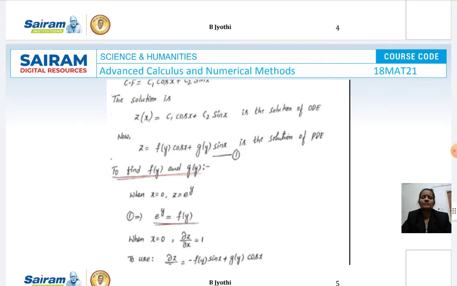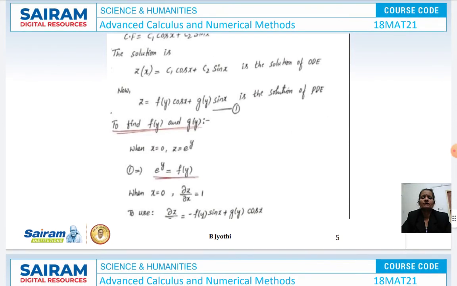So the complementary function will be c1 cos x + c2 sin x. The solution is z(x) = c1 cos x + c2 sin x, the solution of the ordinary differential equation. And c1 and c2 are respectively replaced with f(y) and g(y). That gives us z = f(y) cos x + g(y) sin x. That's the solution of the PDE.